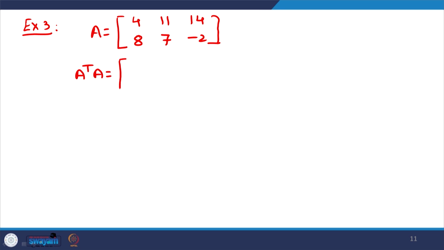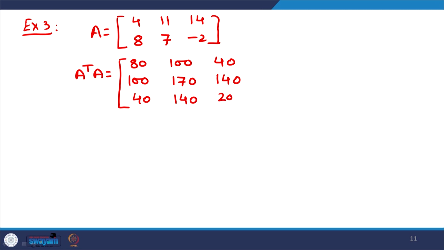So, A transpose A will be [80 100 40; 100 170 140; 40 140 200].